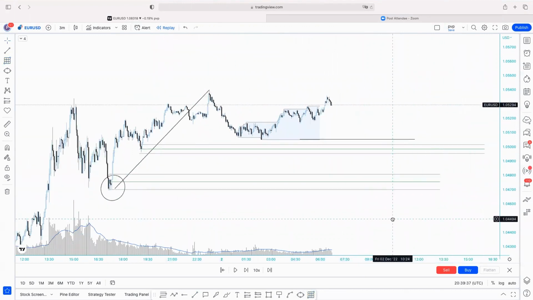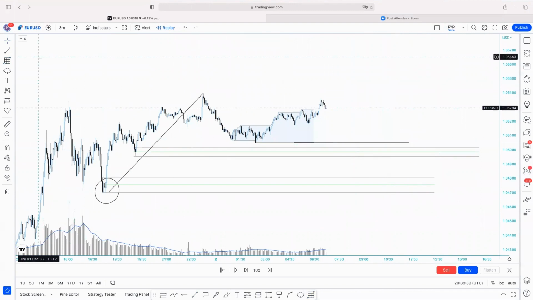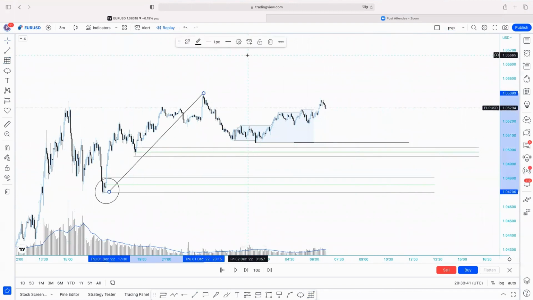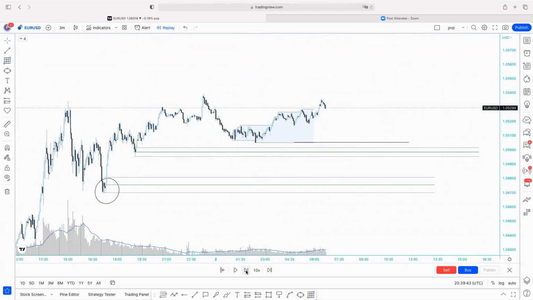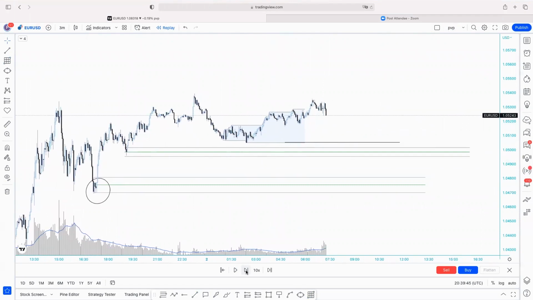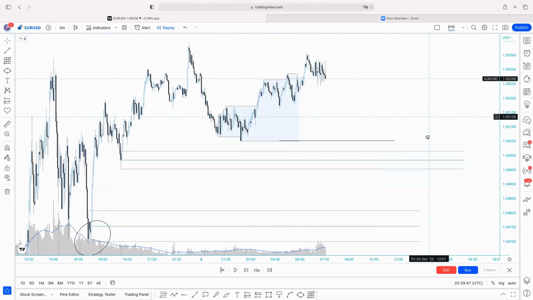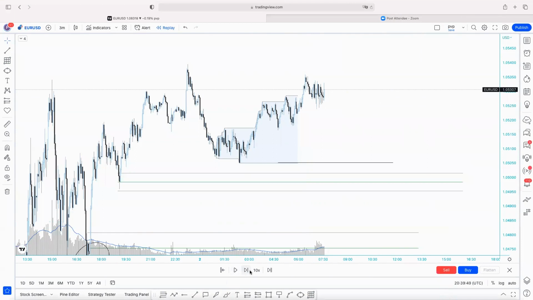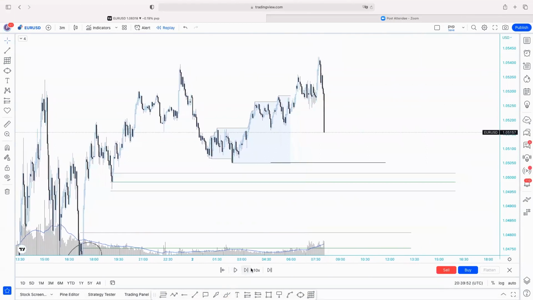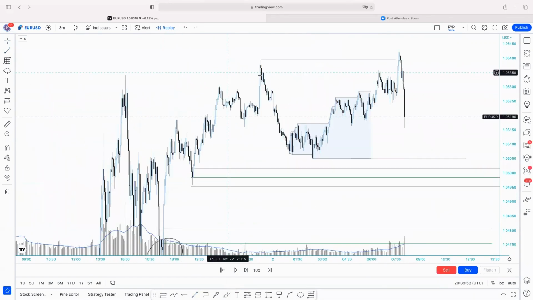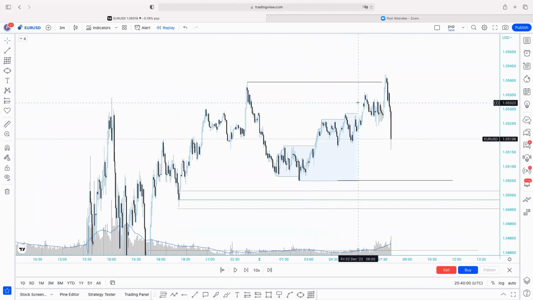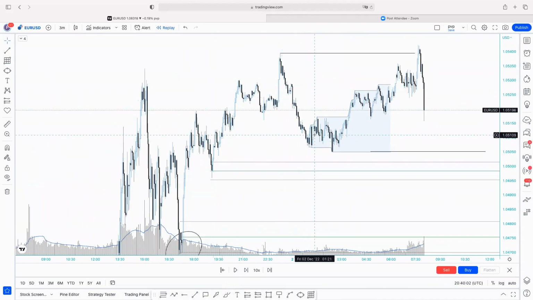Here we have our other area. Perfect. After we go above this high, and as I said, we didn't look for sells until we break the previous high, because since we are in an uptrend, we can only go for sells if we took external range liquidity.